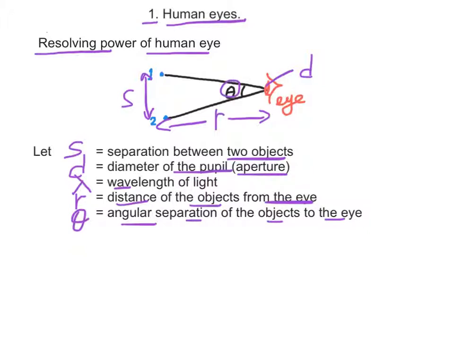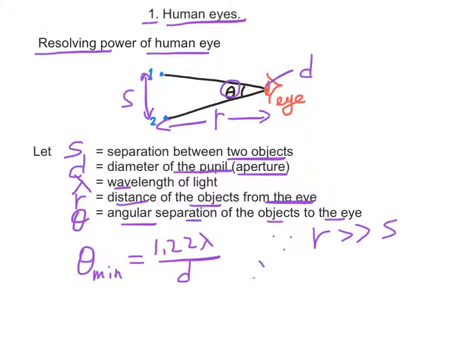From Rayleigh criterion, we have the minimum angle, theta minimum, equal to 1.22 lambda over d. Because R is much greater than S, therefore S approximately equals R theta.